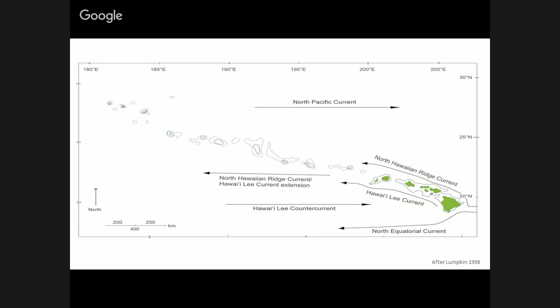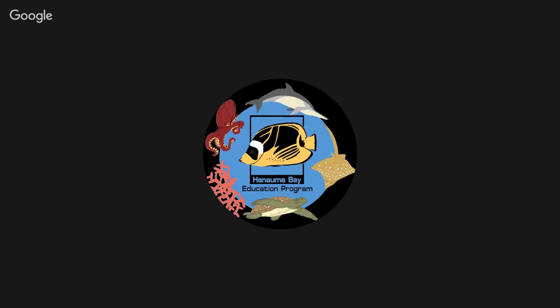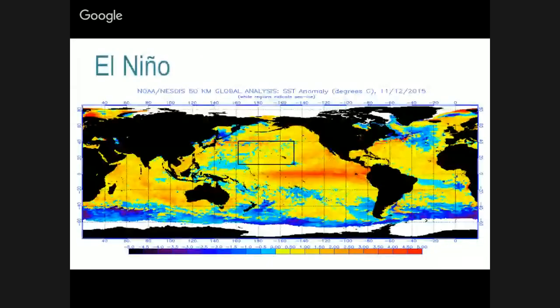But then if we look at El Nino, this is a photo I just took of this year's El Nino. I downloaded it a couple of days ago. And this is for temperature, but a lot of the currents that I look at are sort of temperature and pressure driven. And we have Hawaii up here in the square. And we can see that during El Nino, it's warmer usually around the equator. These are temperature anomalies, so warmer or colder than normal. Red would be warmer than normal temperatures, and blues are colder than normal.